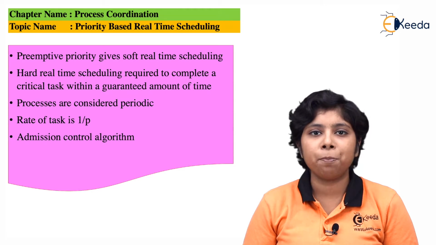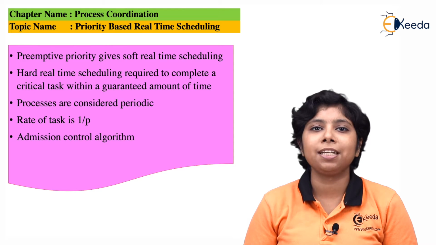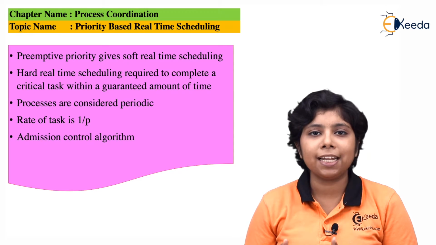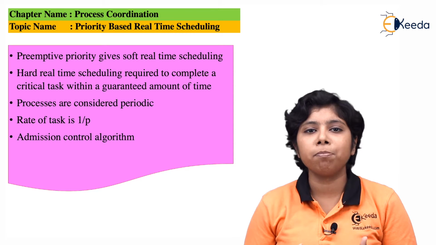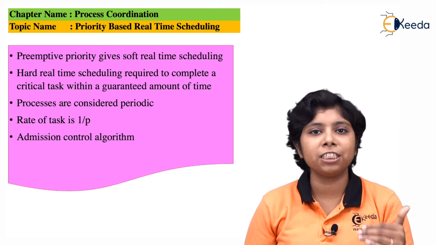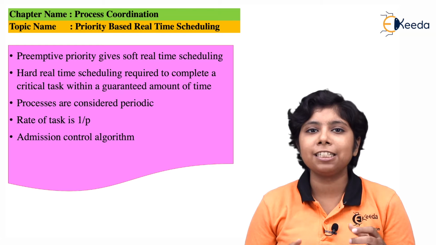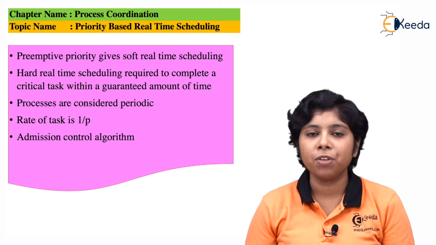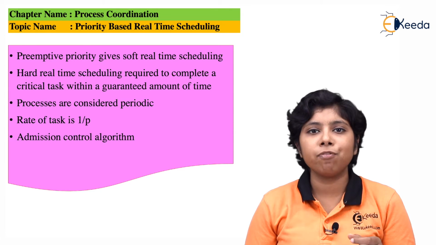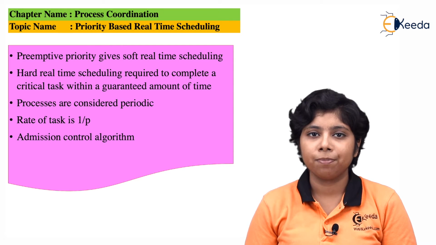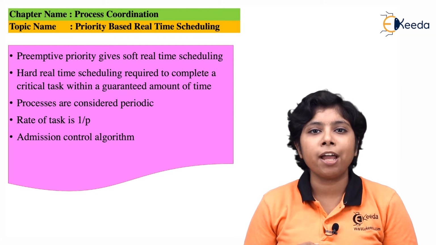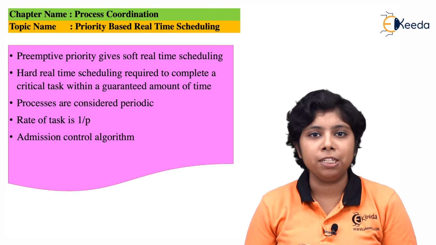For example, a process has a processing time T and a deadline D, by which the CPU burst must be finished. A hard real-time system requires that we finish the CPU burst within that deadline D, and the process will arrive again after a period of P.